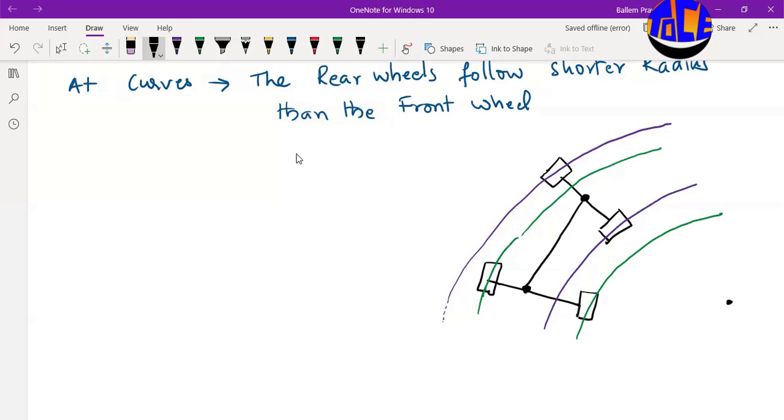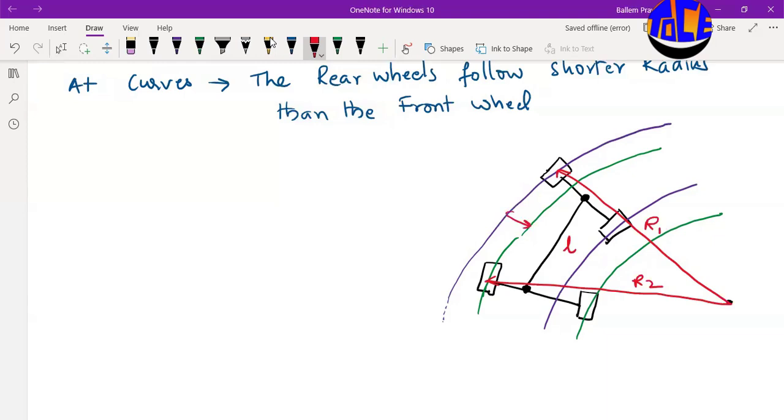Let this be the front wheel radius R1, and this the rear wheel radius R2, and let the length of the vehicle be L. The difference between R1 and R2 is the mechanical widening.